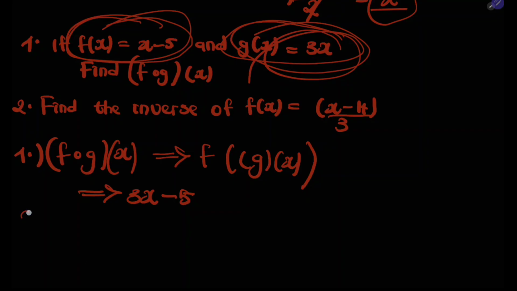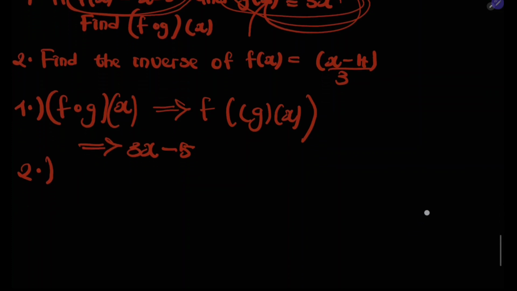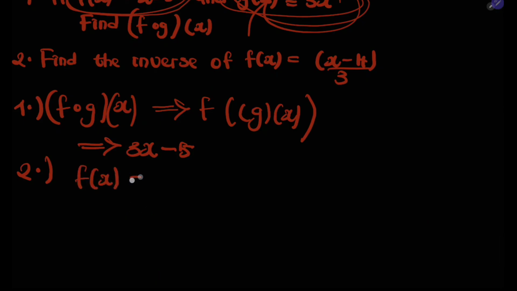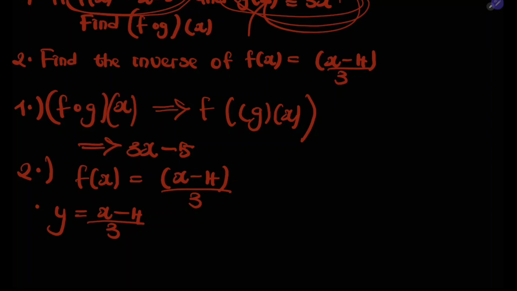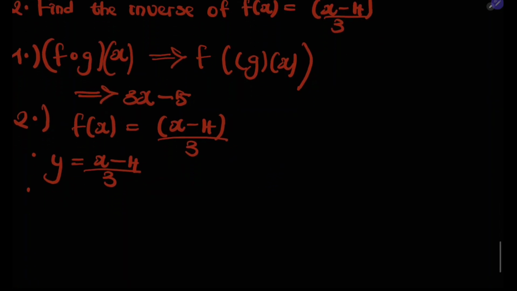And then the second part says we should find the inverse of f of x. Okay, so to find the inverse of f of x, if you can recall the steps, the first step was write y equal to x minus 4 on 3. So after that, we had to swap x and y. Okay, in this case, I'm just going to make x the subject of the formula.